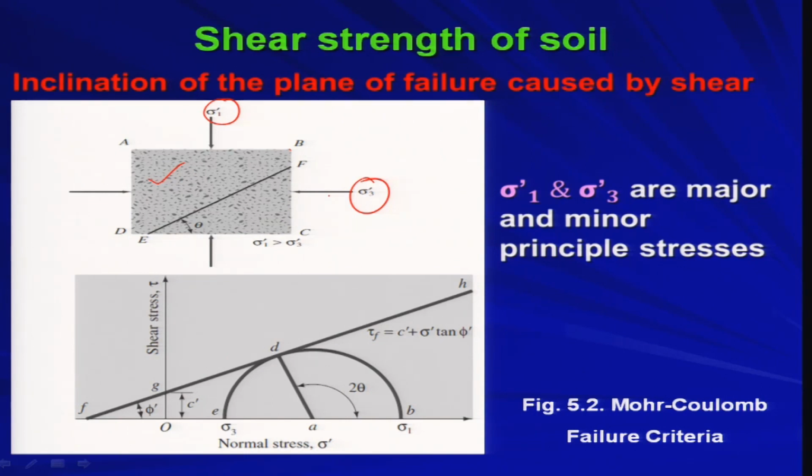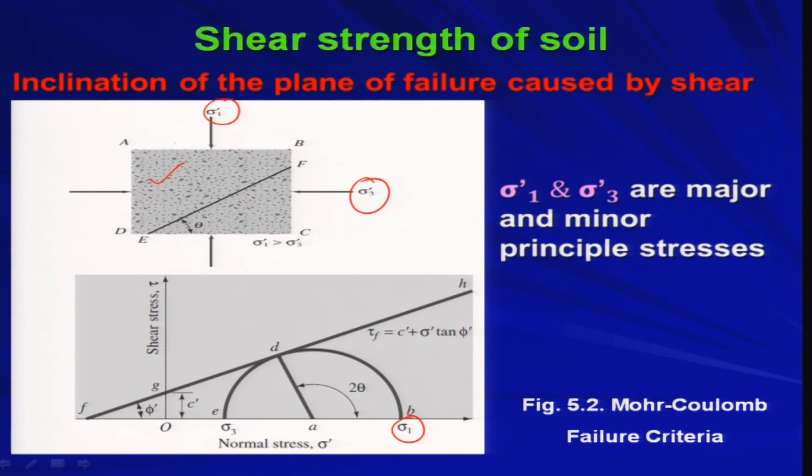Now, under this situation, the soil element is experiencing major principal stress and minor principal stress on these planes, and we would like to plot this in the Mohr-Coulomb failure criteria. Sigma 1 is your major principal stress, so that is plotted here.